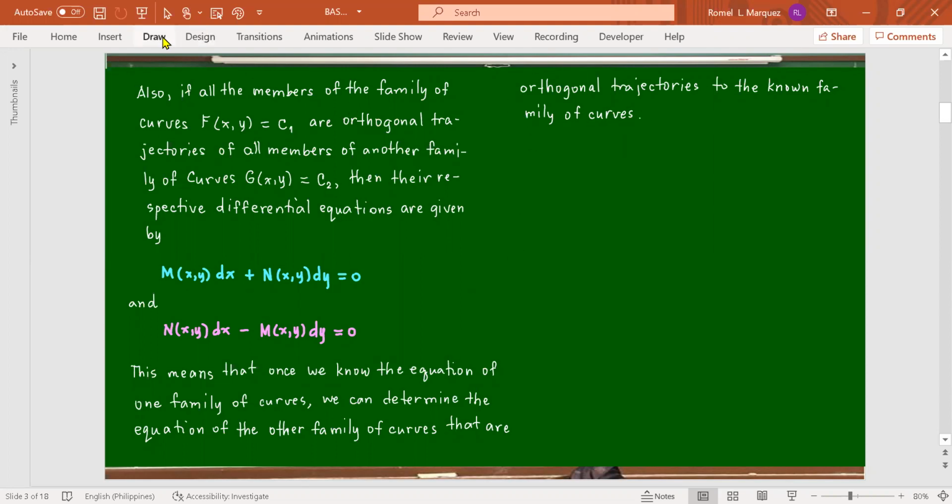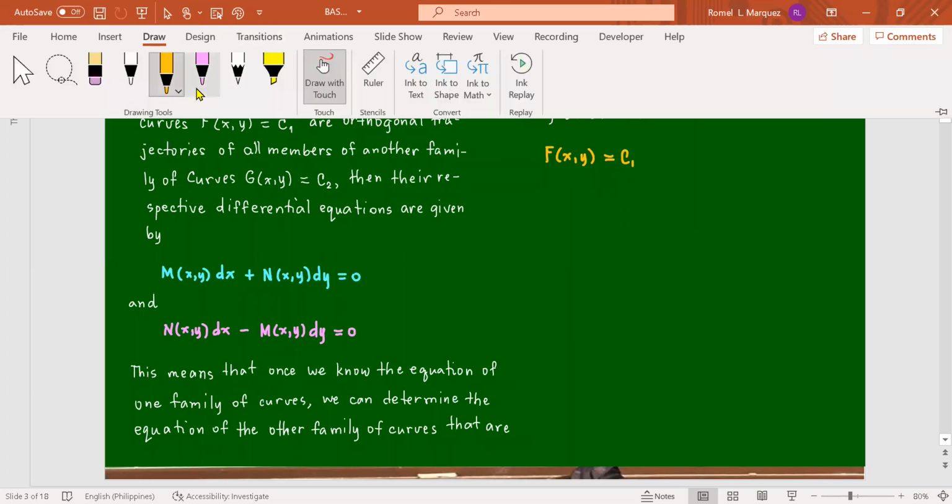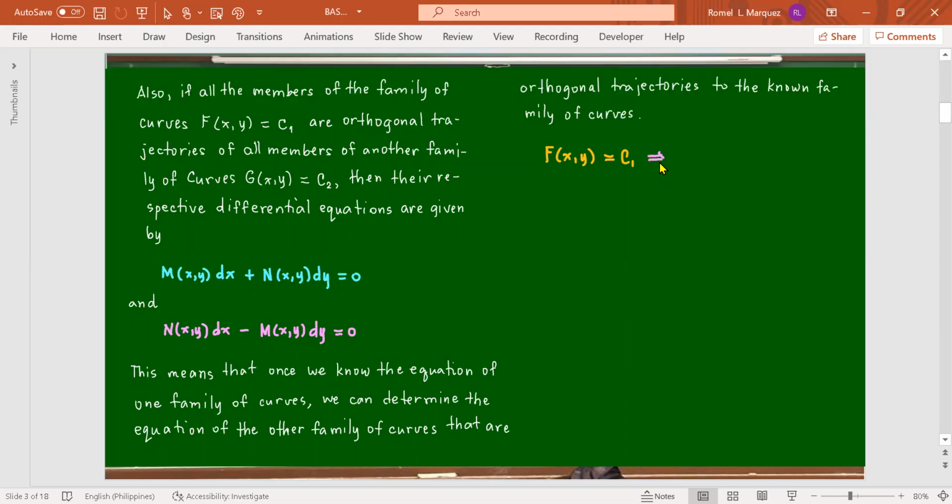So this means that if I know f of x, y equals c sub 1, the equation representing the known family, I can get from here the differential M of x, y dx plus N of x, y dy equals 0 by eliminating the arbitrary constant c1.